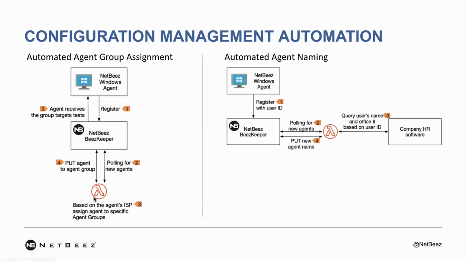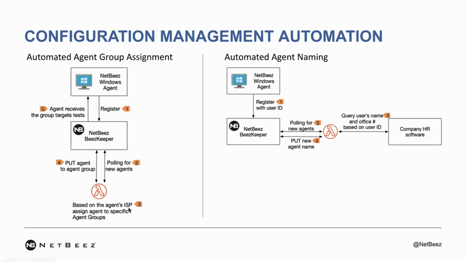Then you have a Lambda function running on AWS, continuously polling for new agents through the API. Once it finds new agents, based on the agent's ISP classification, you would assign that agent to specific agent groups that contain targets specific to those ISPs.